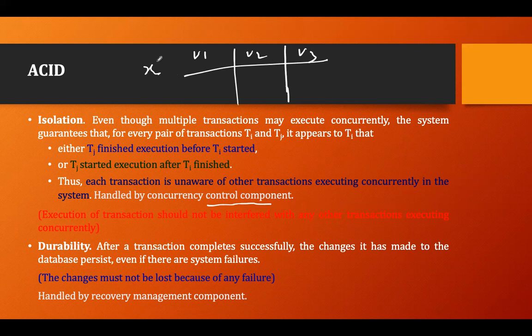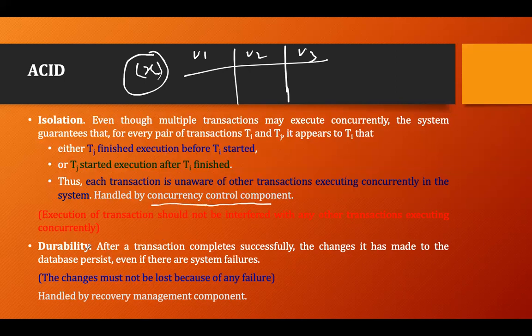So this X, which is shared data, is with all the users. If they are executing concurrently, then the system will make sure that isolation is maintained, and that the last value of X is a consistent value. That will be taken care of by the isolation property, and it will be handled by the concurrency control component.